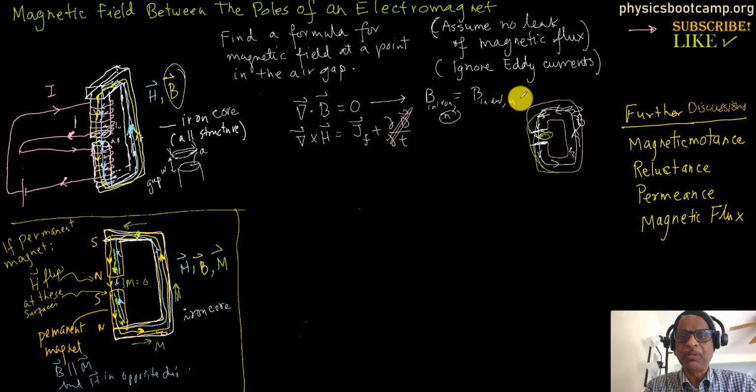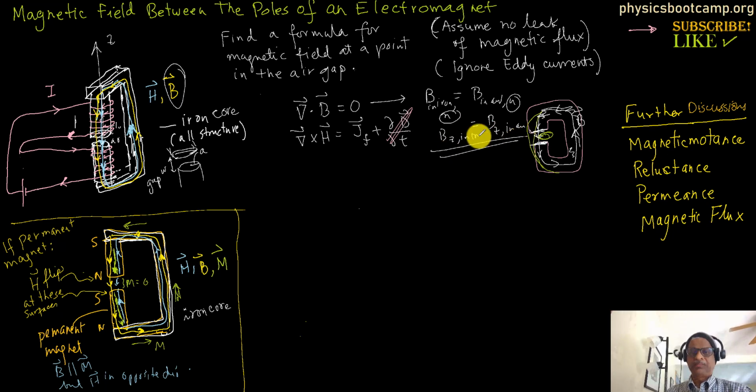So if this is the z-axis, then Bz in iron equals Bz in air. So that's one thing we already know.